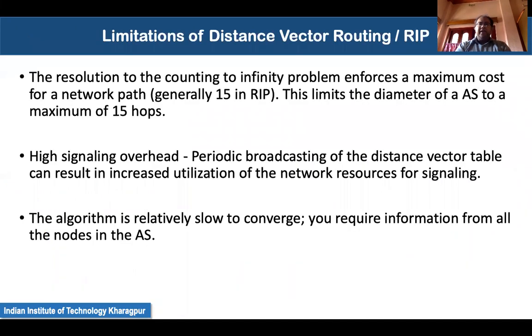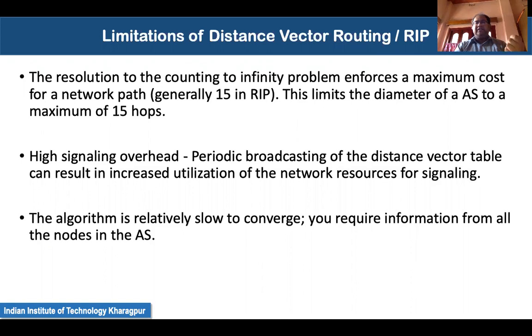So to start with, we'll look into the limitations of the distance vector routing protocol, or the routing information protocol. RIP is the actual protocol which defines the packet format, the messaging format, and the message exchange protocols in distance vector routing. As I was mentioning, we have two broad classes of routing protocol, distance vector routing and link state routing.